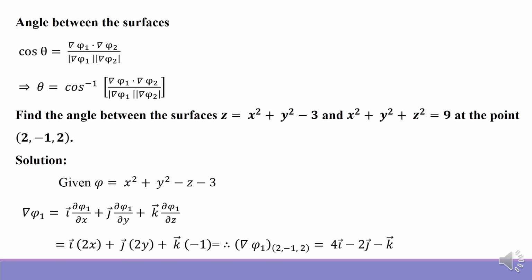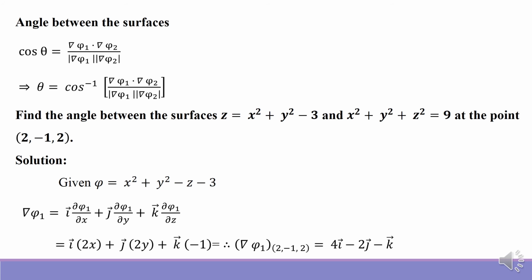The angle between the two surfaces φ1 and φ2 is theta. Then theta equal to cos inverse of ∇φ1 dot ∇φ2 by modulus of ∇φ1 into modulus of ∇φ2. That is, the angle between two surfaces theta equal to cos inverse of a vector dot b vector by modulus of a vector into modulus of b vector.